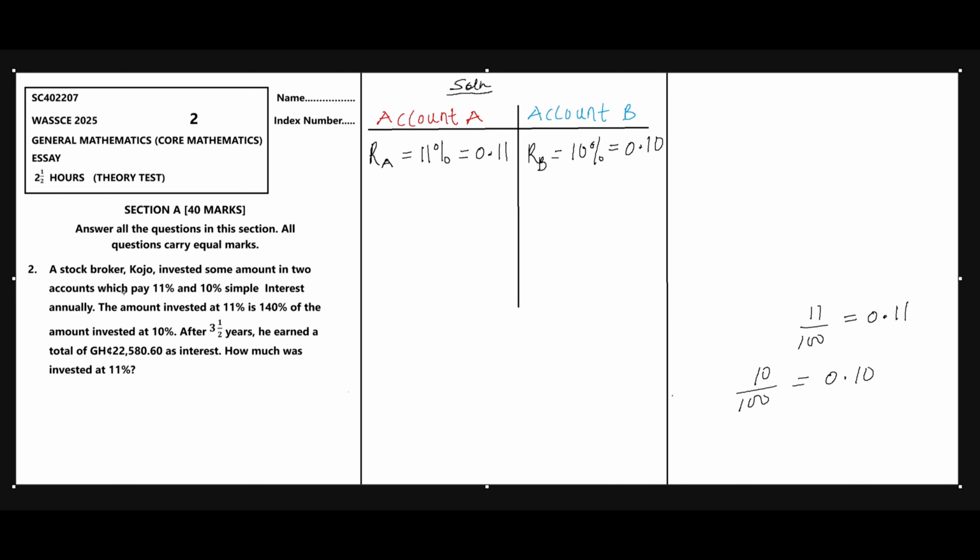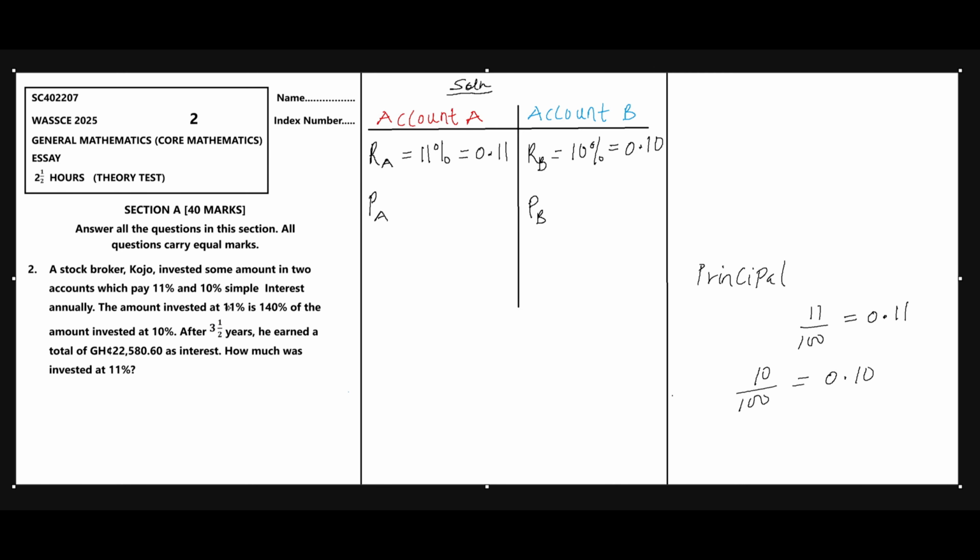Now we were told that the amount invested at 11% is 140% of the amount invested at 10%. You know that in simple interest terms, the amount of money a person invests in an account is called the principal. So the principal for account A and the principal for account B. Let's compare.